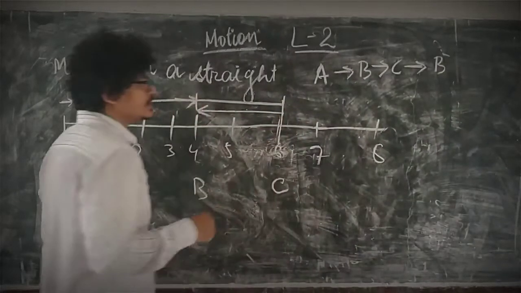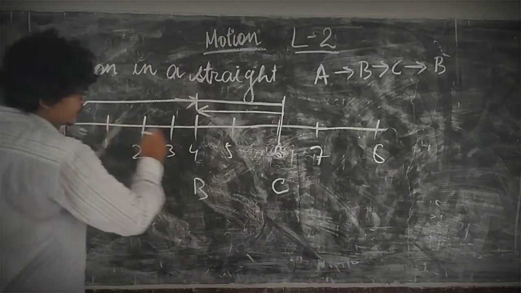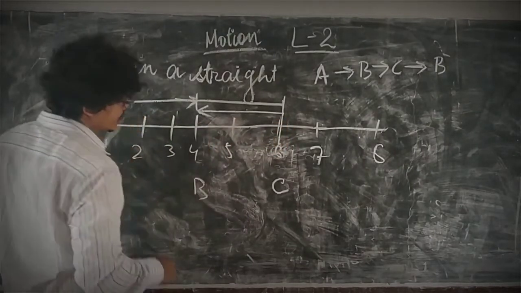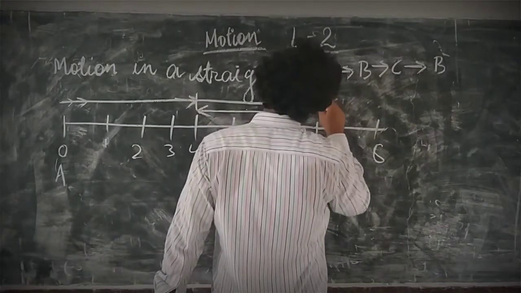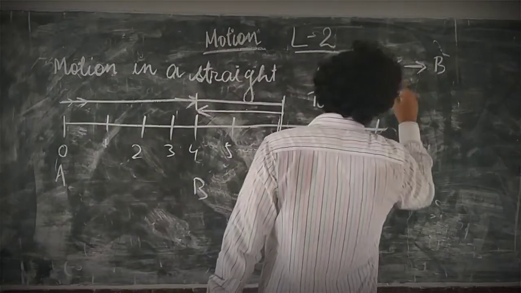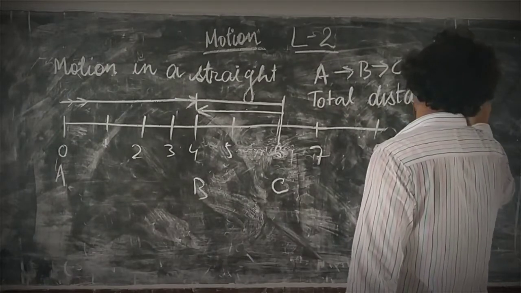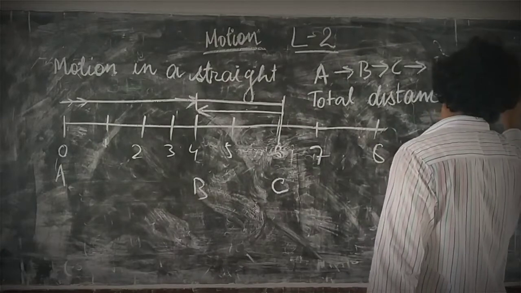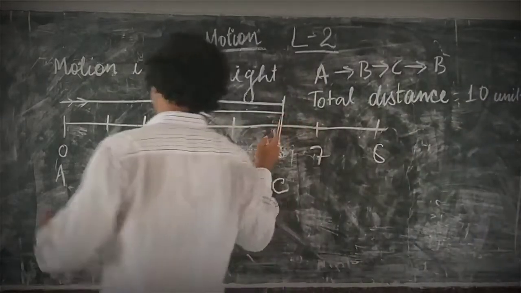If I ask what the total distance is, we measure A to C, which is 6, and C to B, which is 4. Total distance is 6 plus 4, 10 units.